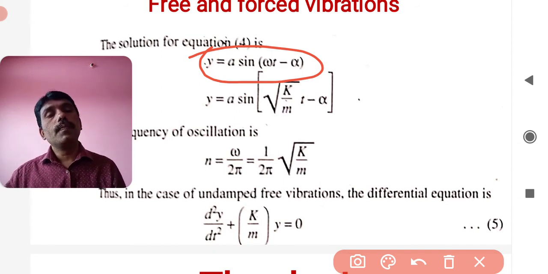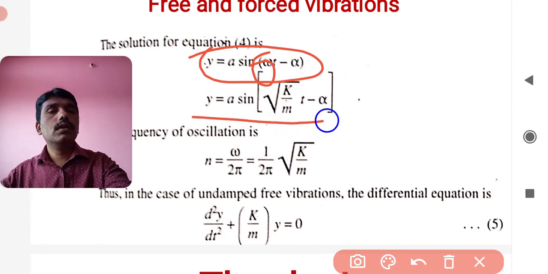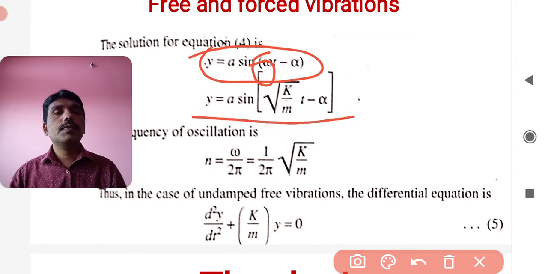So y is equal to a sine omega t minus alpha. And if you put the value of omega, the new relation will become y is equal to a sine of under root of k by m t minus alpha. This is the new relationship.